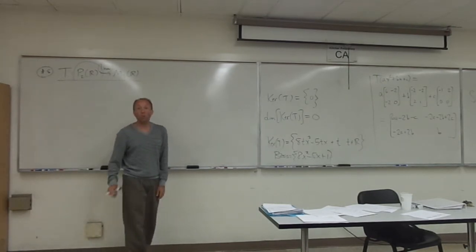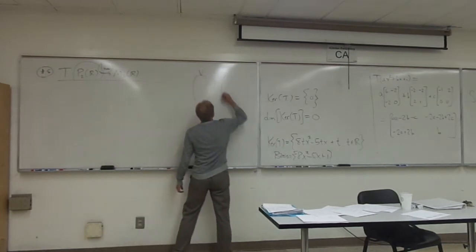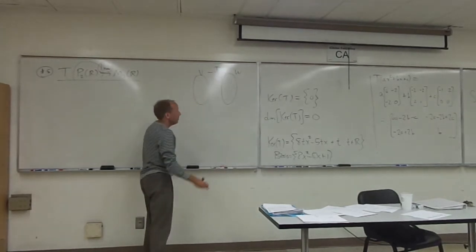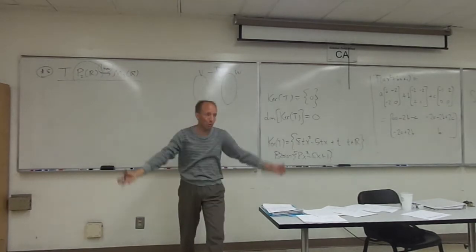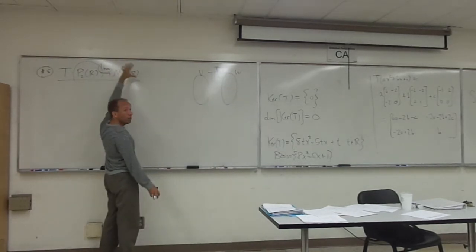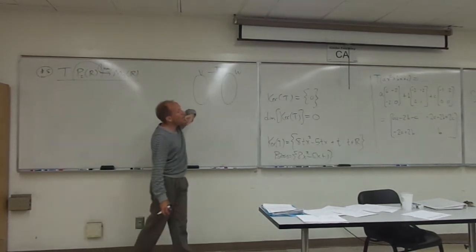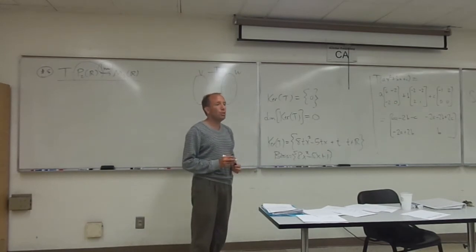Okay, the range. Here's my picture again. What we have over here in W is this huge output space. It's all the output. So W is M2 of R. The thing is, not necessarily every 2 by 2 matrix is actually an output.